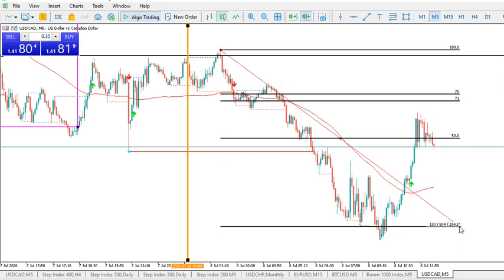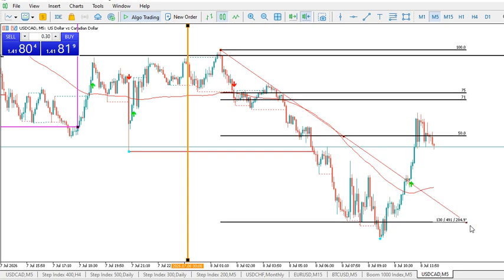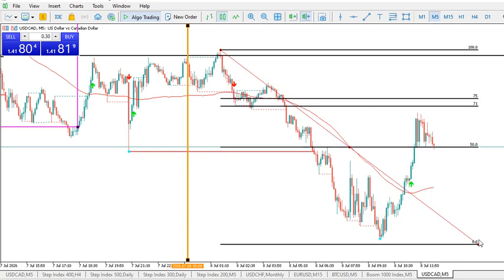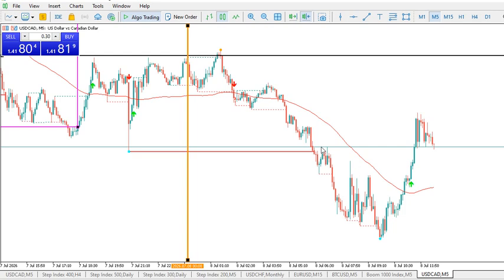So what if it's 1:2 RR, you would have gotten 1:2 already ever since. But for 1:3 it's still riding. So if you're someone who likes to trade based on RR, you can also use the same system to trade. Yeah, so that is it.